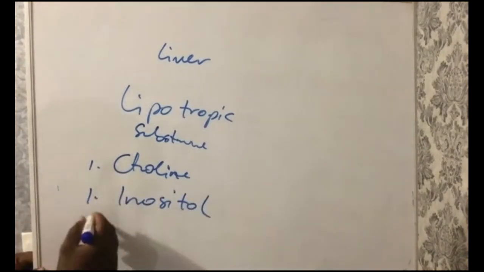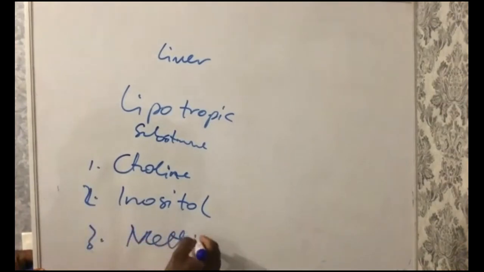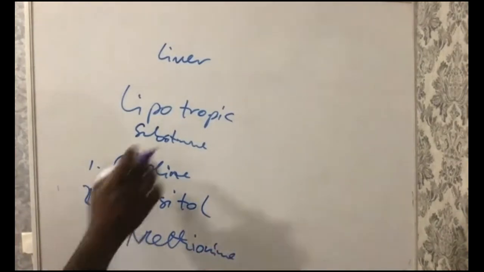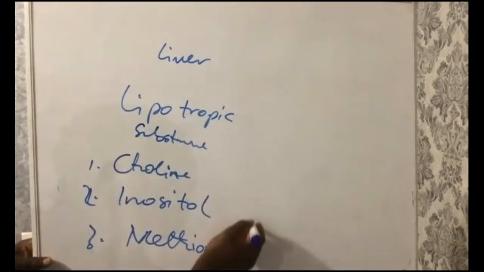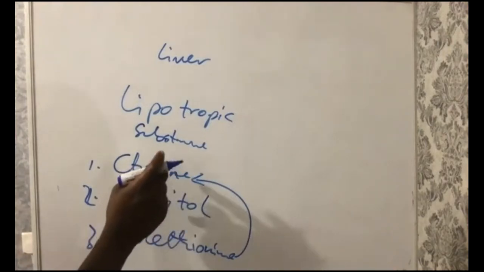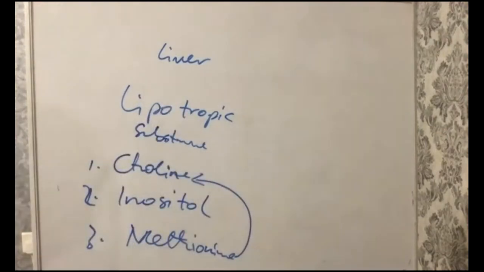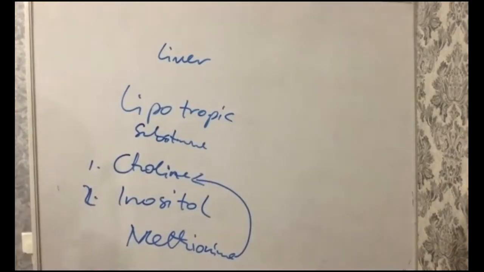And since we are talking about methylating products, you should remember our methionine. In fact, methionine actually is not what plays a role here. But methionine donates its methyl part to choline, and the choline is the lipotropic substance. So methionine technically is not part of these lipotropic substances.